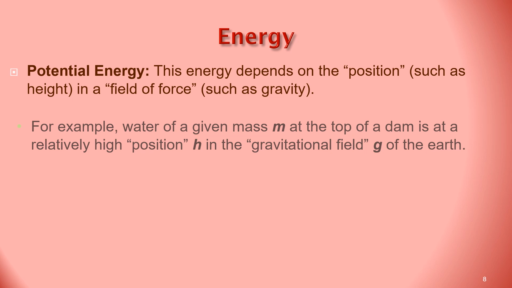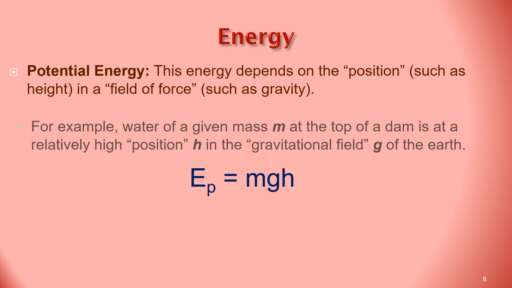So for example, if water of a given mass is at the top of a dam, that means it's high with respect to the earth, so it's got a position h, height, and it's in the gravitational field, which we'll call G, and there's a constant for G. G is a constant on Earth anyway. There are different gravitational fields on different planets, but here on Earth.